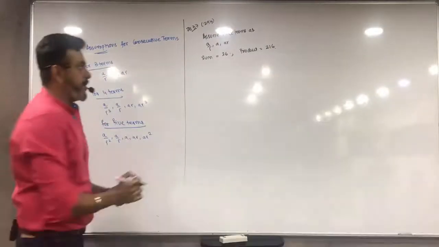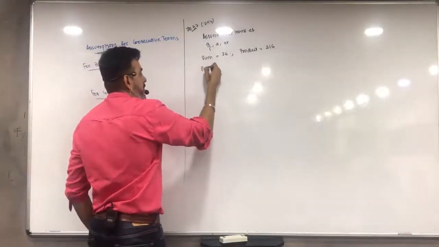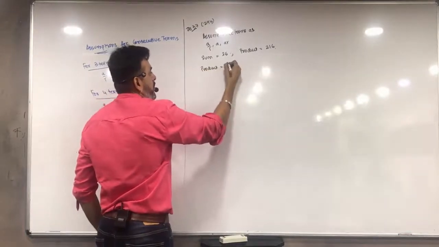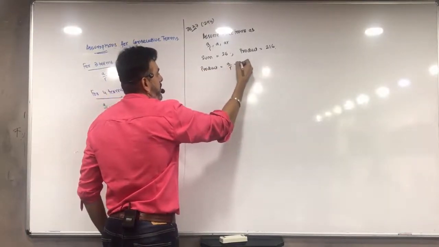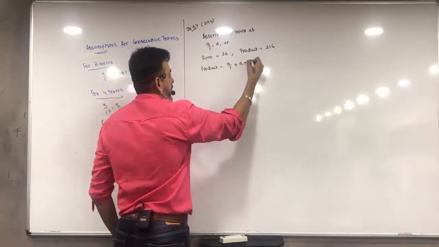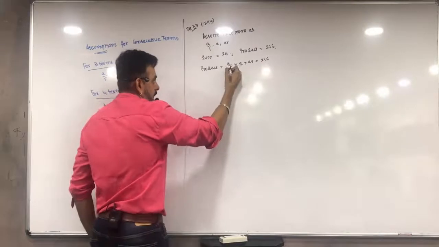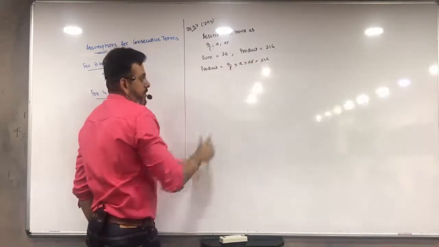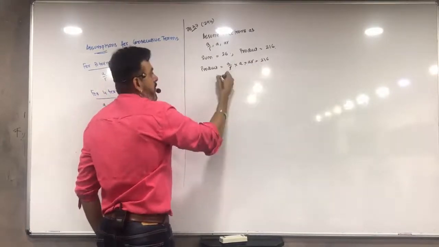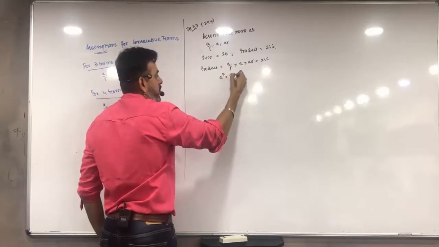First, let's use the product. Product is equal to A by R into A into R is equal to 216. Here R cancels, R cancels. So A raised to 3 is equal to 216.